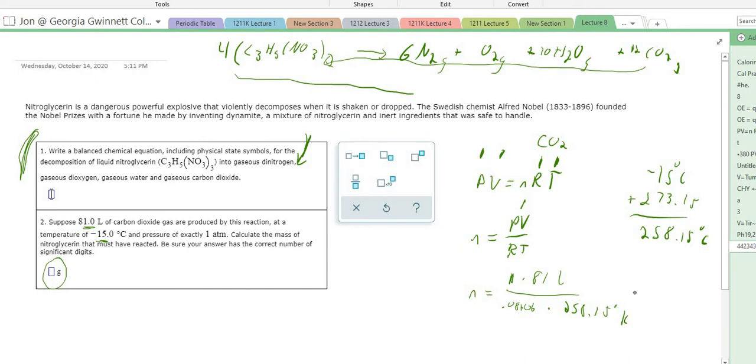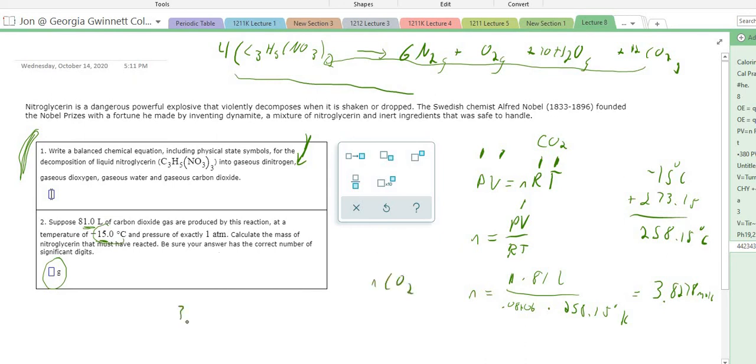For the number of moles, when I do this, I get 3.8278 moles. Now we know sig figs are going to come into play, and we need to keep those in mind. I am seeing 3 sig figs so far, and that is going to be the moles of CO2.